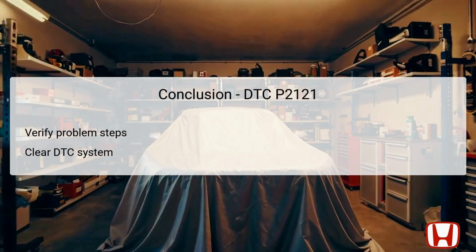Ensuring continuity and voltage levels are critical during each phase to determine fault areas. Once repairs are carried out, don't forget to clear the DTC from the system and perform a test drive to verify that the issue has been resolved properly. By following these steps diligently, you can ensure optimal vehicle performance and safety.